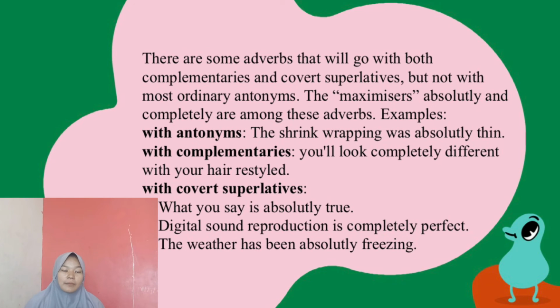These are some adverbs that will go with both complementaries and covert superlatives, but not with most ordinary antonyms. The maximizers, absolutely and completely, are among these adverbs. And you guys can see the examples with antonyms, with complementaries, and with covert superlatives.